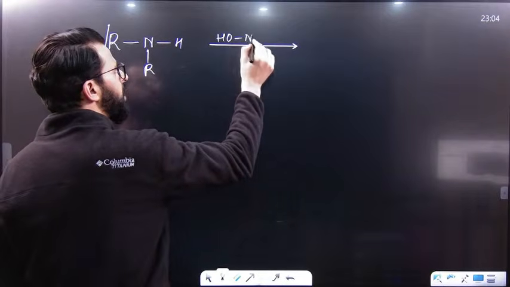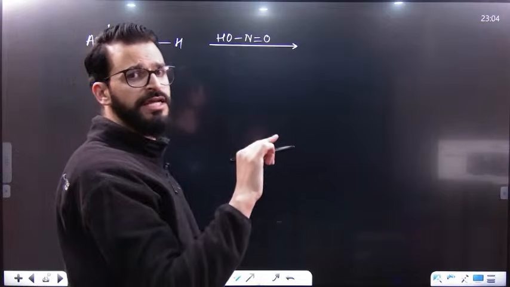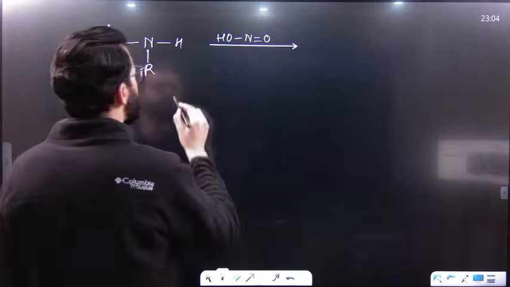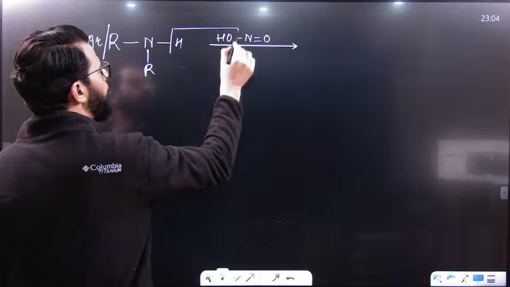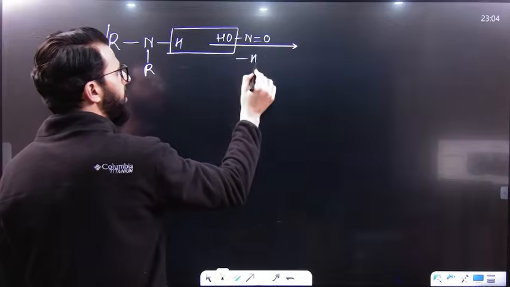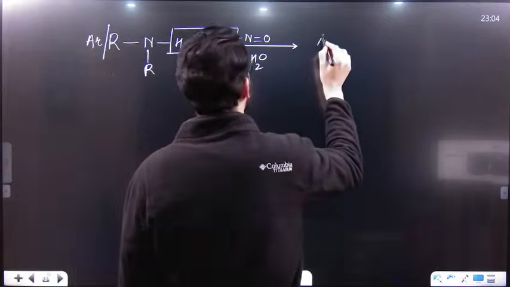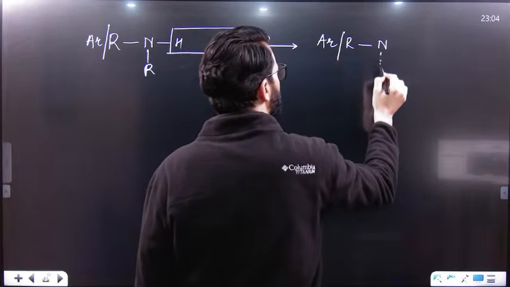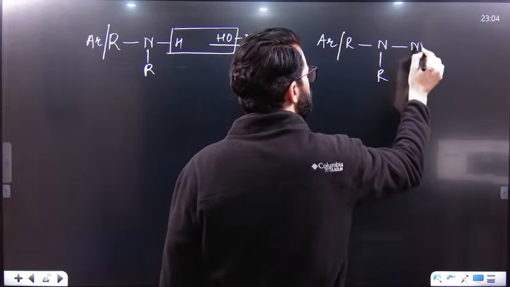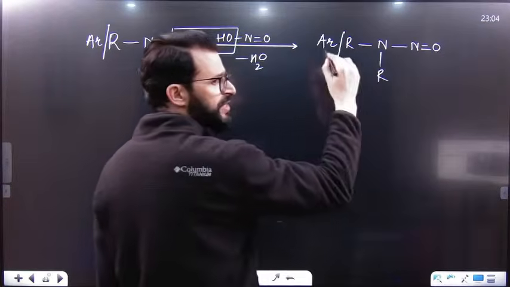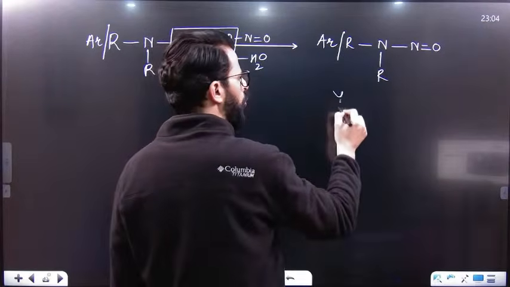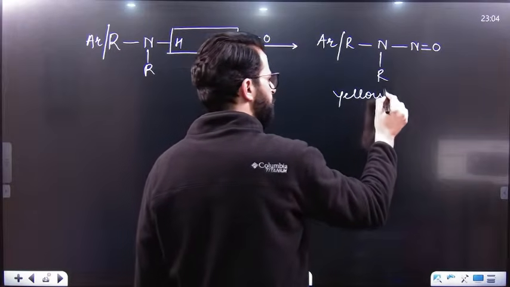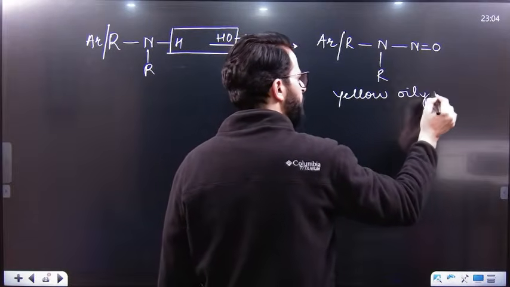Because we know nitrous acid is obtained from NaNO2 and acid. So it will lose a water molecule like this, and the aromatic or aliphatic secondary amine will result in the formation of nitrosoamine. And these nitrosoamines are yellow oily compounds.